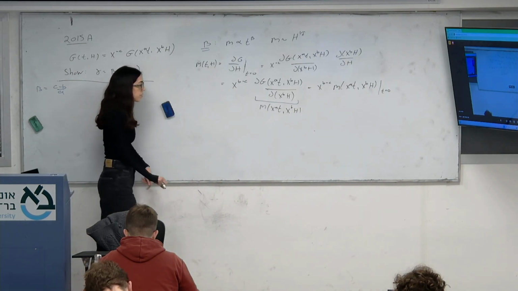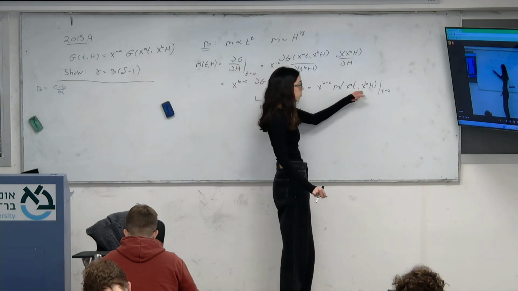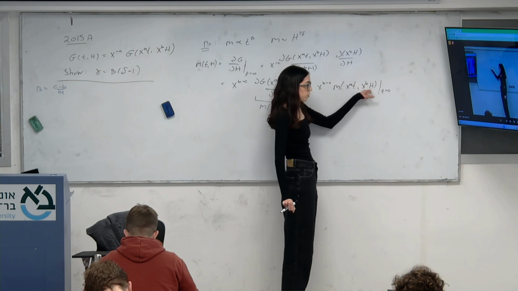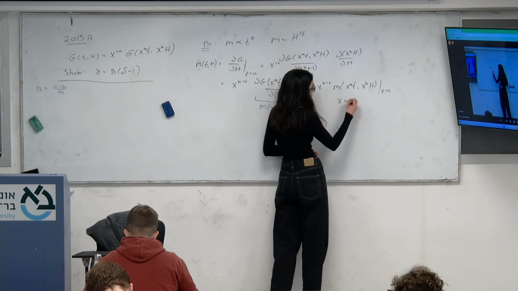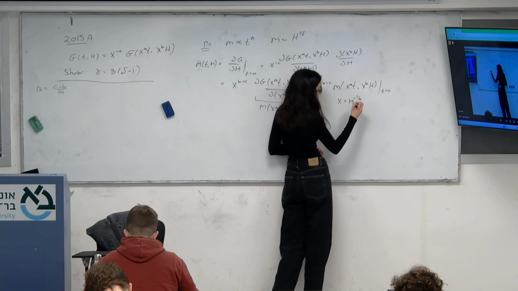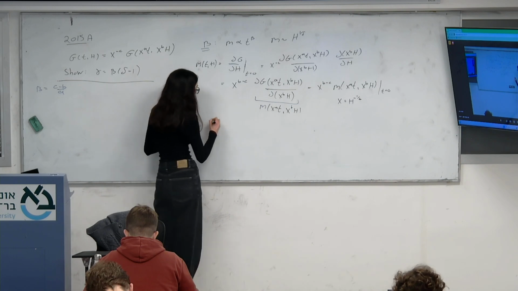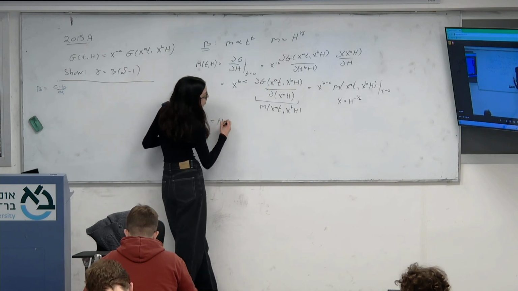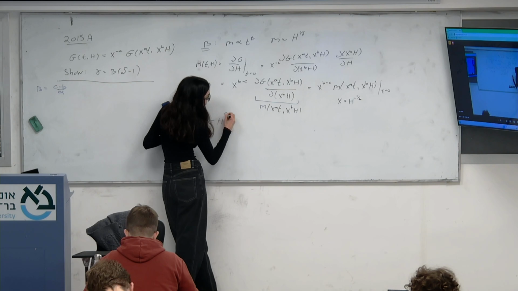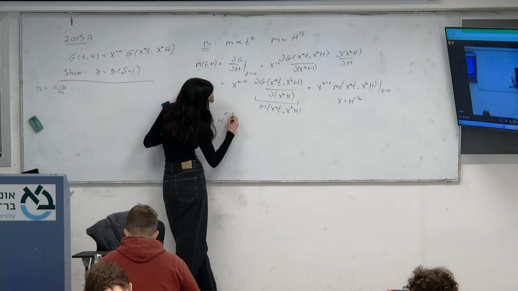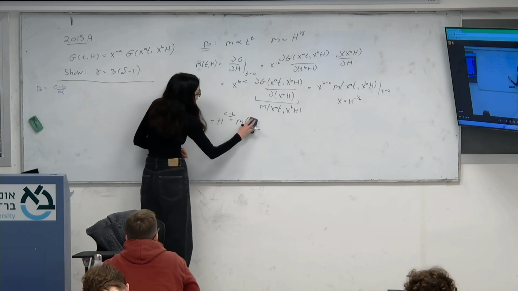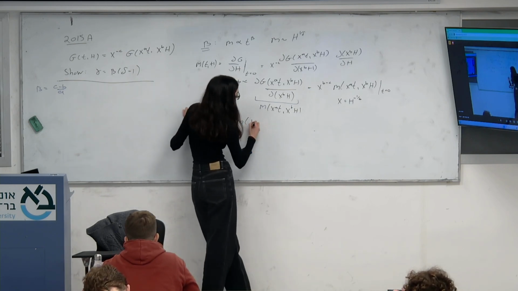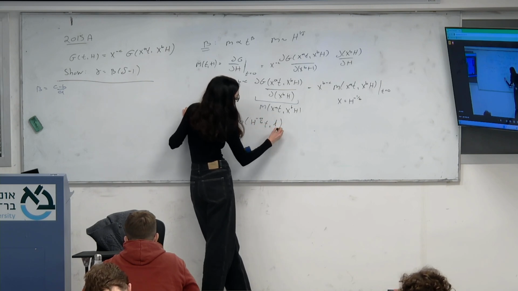So now instead of the scaling that we did before, we want to get rid of the expression that depends on h. So we choose x to be h^(-1/b). And this is going to give us h^((c-b)/b) and m of h^(-a/b) t and 1.